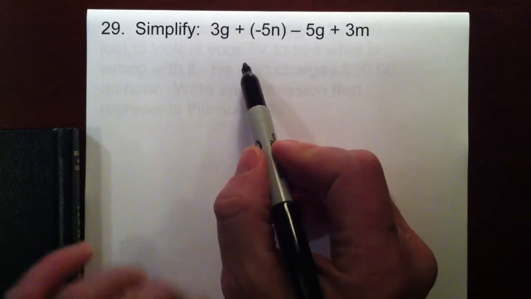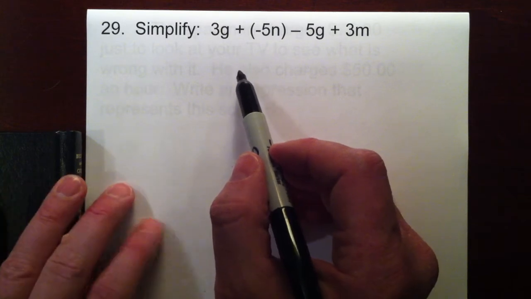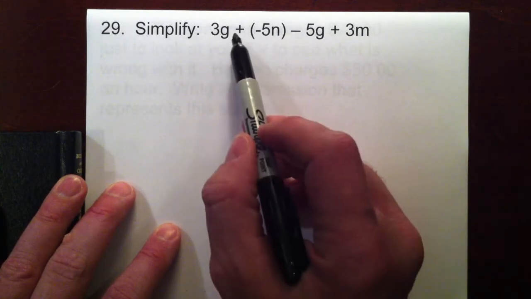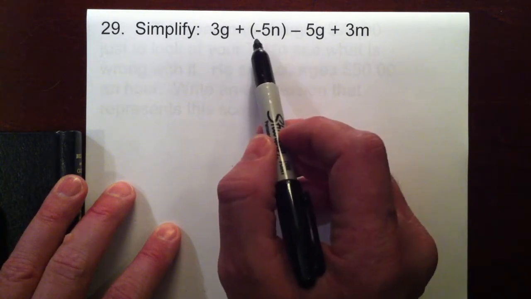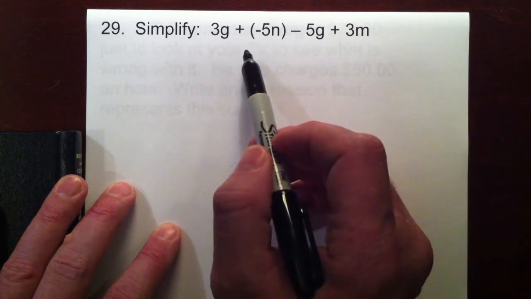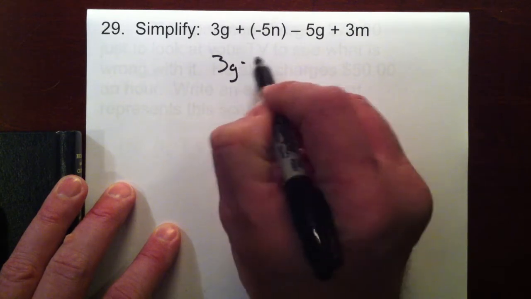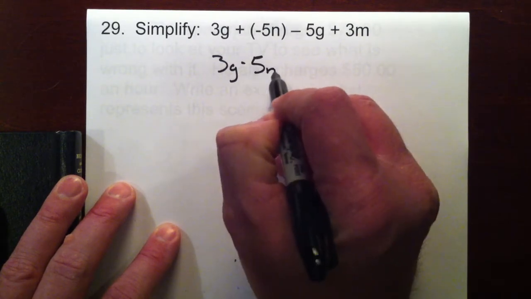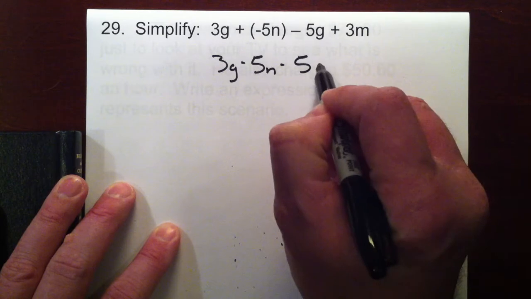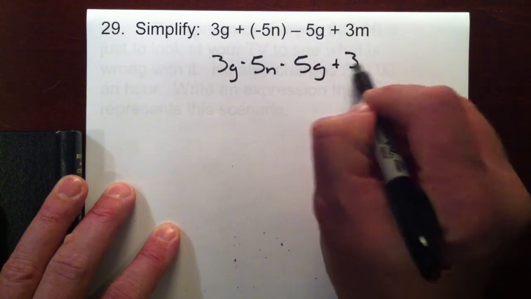Simplify. In this case, we must combine like terms. Well, we learned that anytime we see plus a negative number, that is the same thing as saying minus that number. So we can rewrite this as 3g minus 5n minus 5g plus 3m.